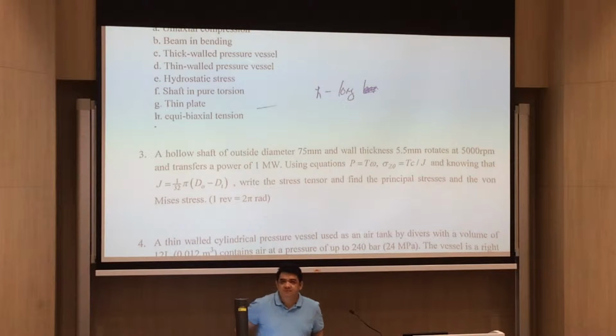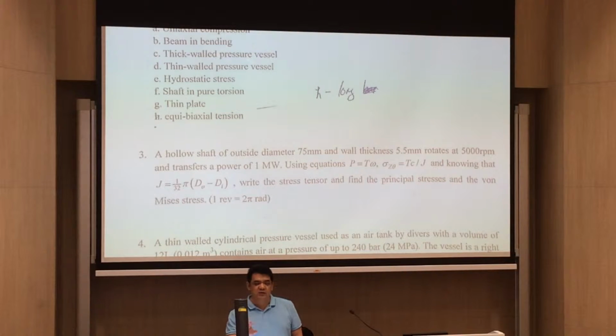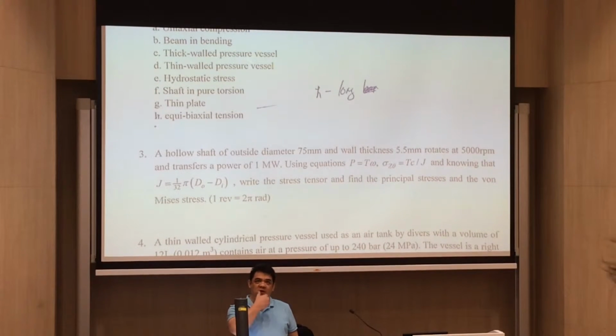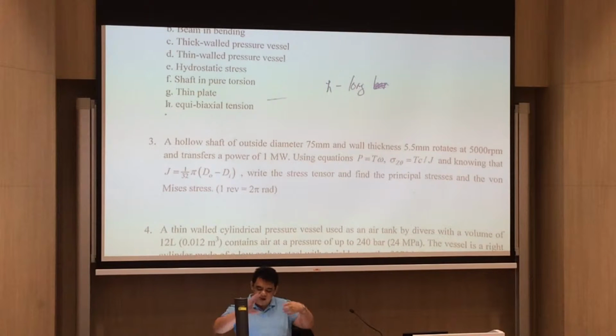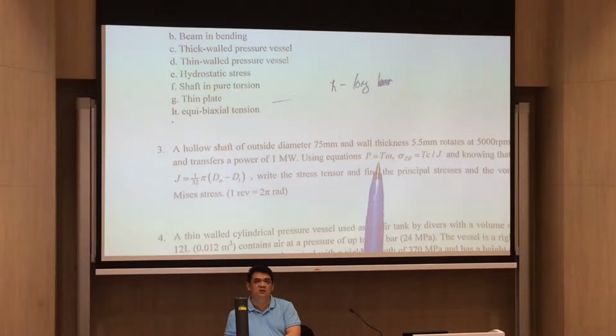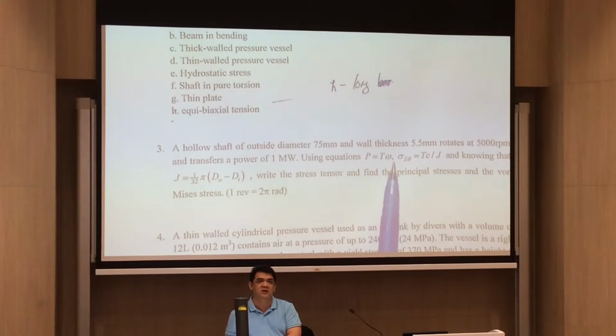Okay, so we're now trying to relate more application rather than just using the equations that you have. We have here a shaft and a torque caused by that power. Normally, you have this equation, power is equal to torque multiplied by the omega.